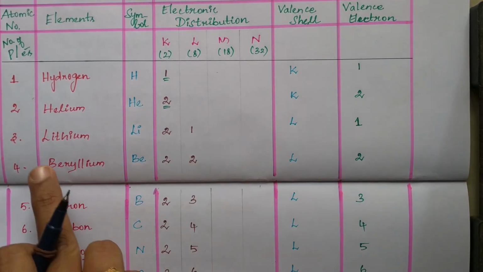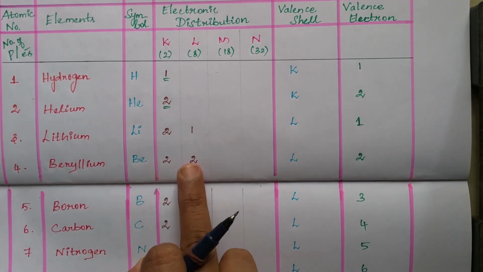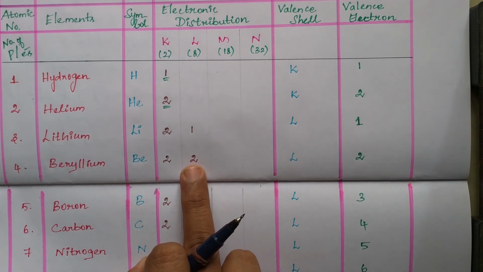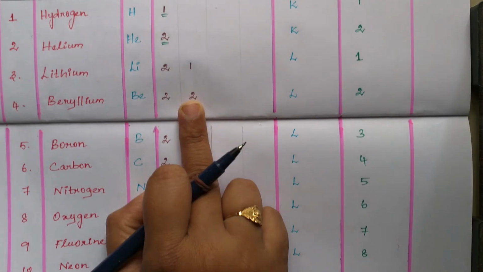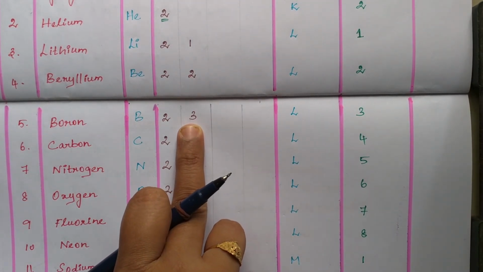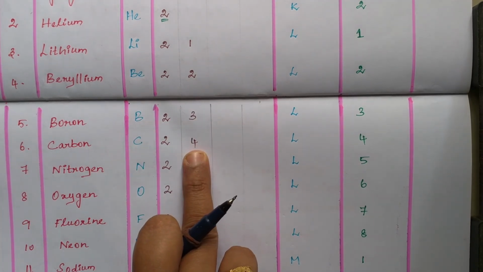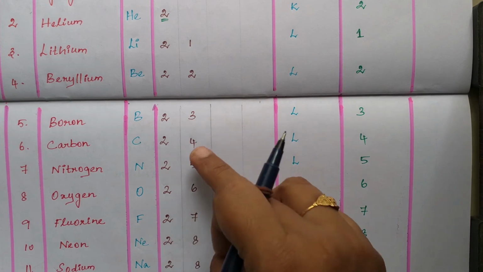1. Like that, the fourth atom is beryllium, symbol Be. You can split 2 and 2. This is the outermost shell and valence electrons are 2. Next, boron, 2, 3. So the valence shell is the L shell and electrons 3. For carbon, valence electrons 4. Like that you can write.